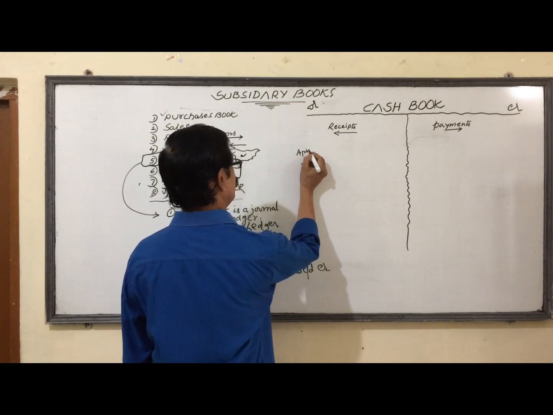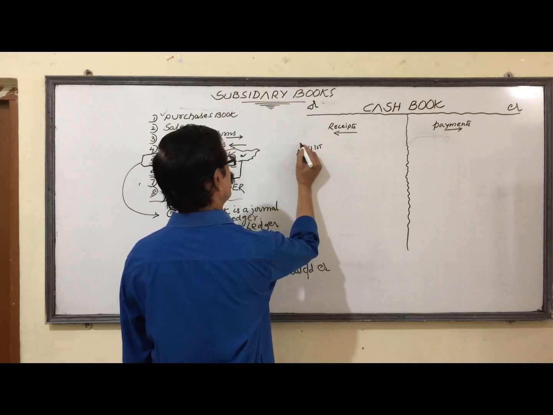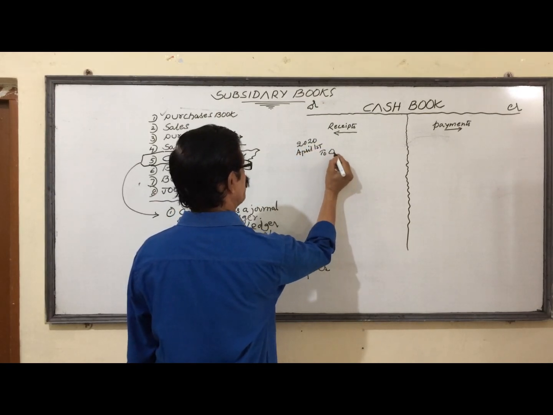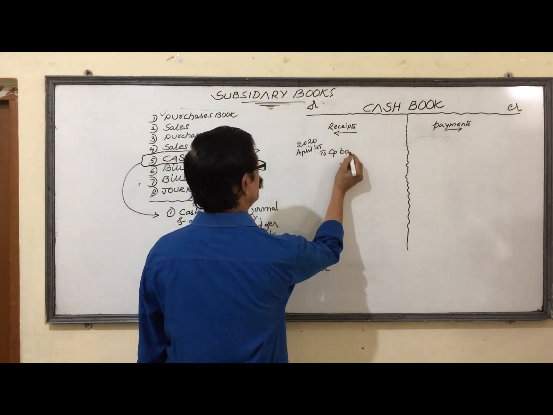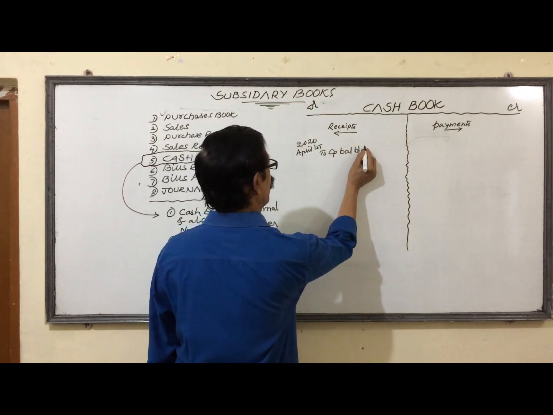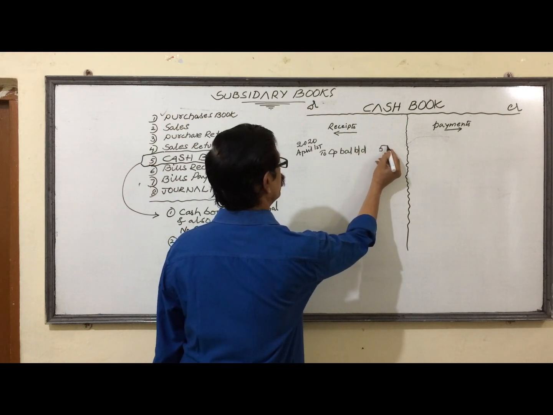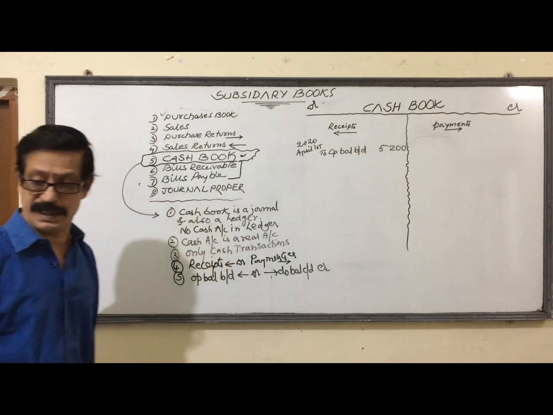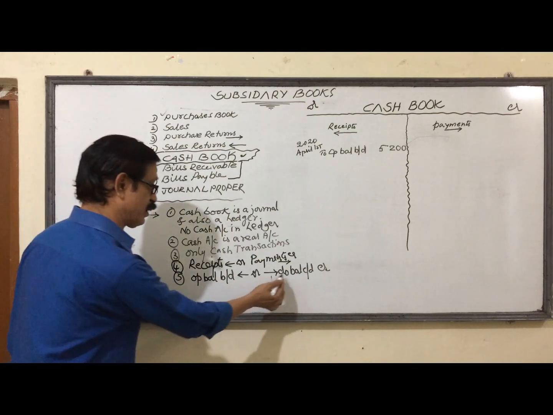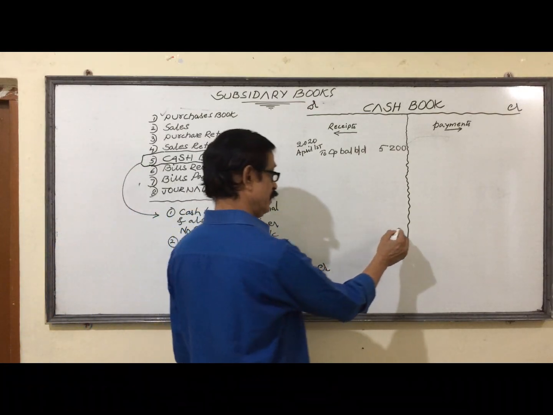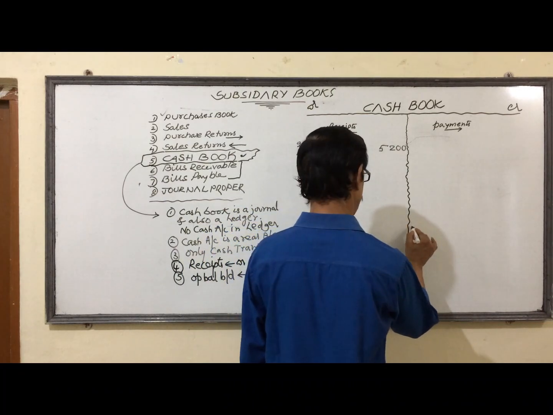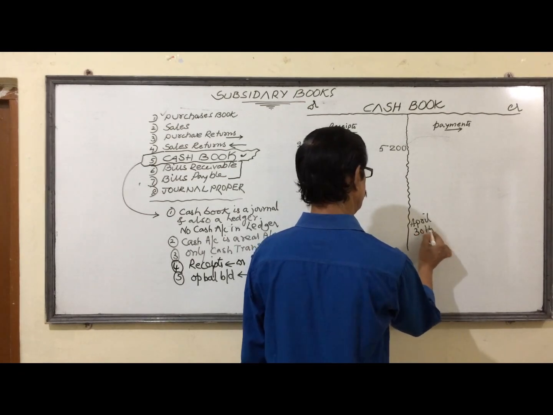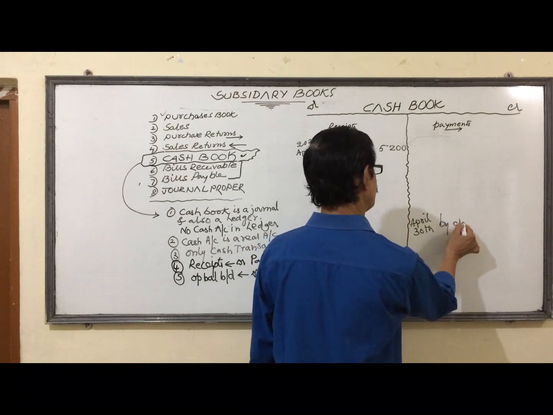Suppose April 1st, 2020, to opening cash balance brought down. Understand? And it ends with closing balance carried down on April 30th, by closing balance carried down.